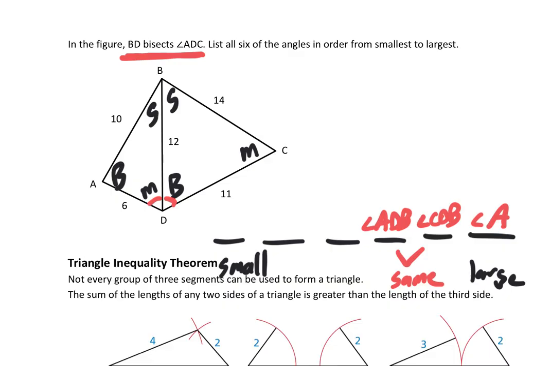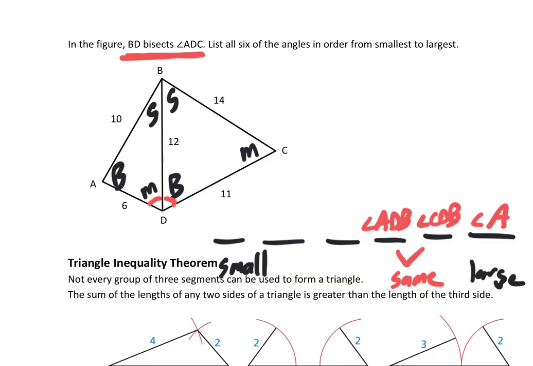Okay, so we definitely know A is the biggest. We know these two are the same, and they're bigger than these 3. What is the very smallest angle that we're going to have? ABD. How come? Because it's like the smallest side, I think. Yeah, so we know that 14 ends up being the biggest side in all the pictures, but because this triangle has the biggest angle, it's also going to have the smallest angle, right?